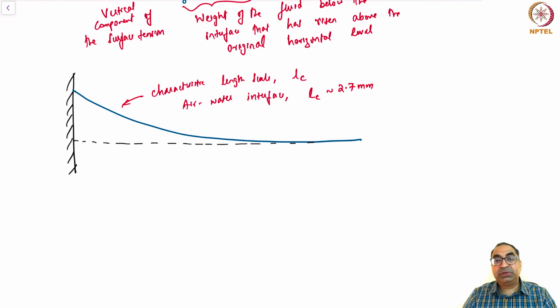So what we will do in the next lecture is to revisit this problem, but instead of a force balance approach, there's a far more elegant and very powerful technique which involves minimization of the energy. There are two energies in this problem, the surface energy and the gravitational potential energy.